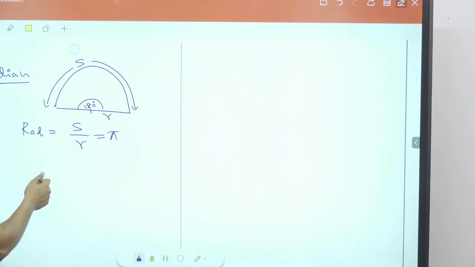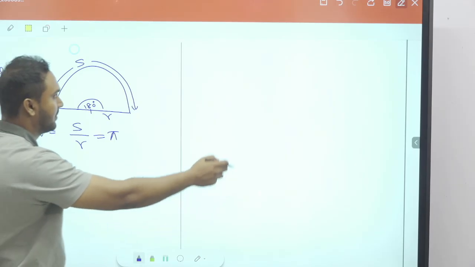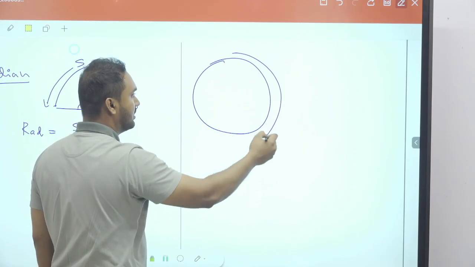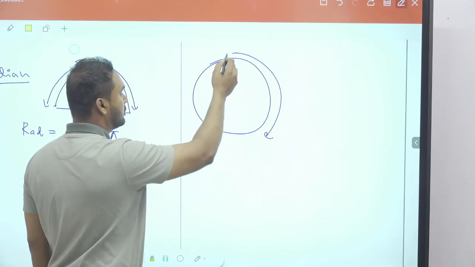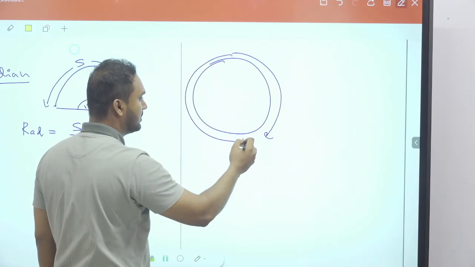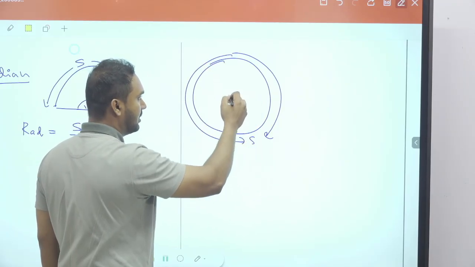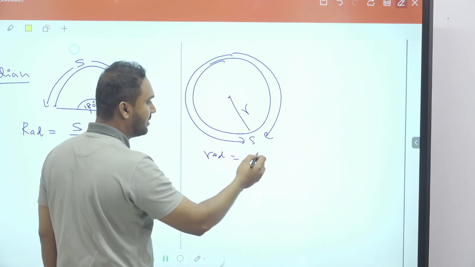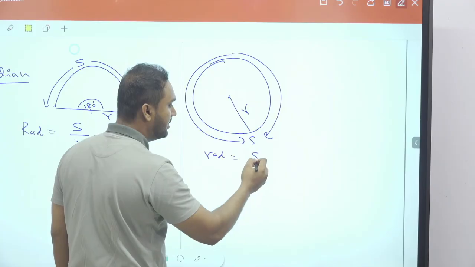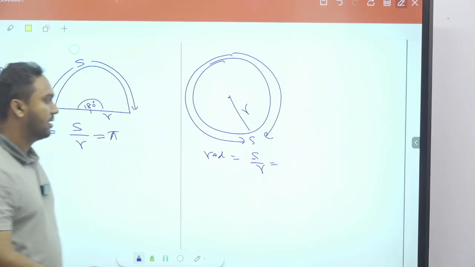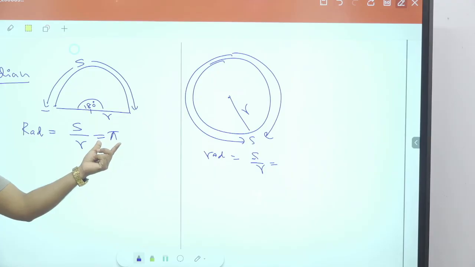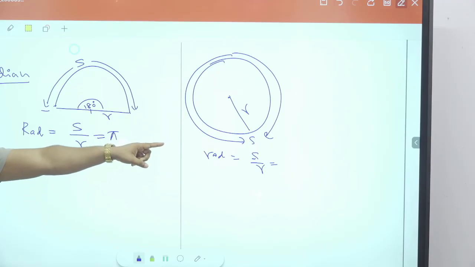When it comes to a complete circle, the S over R ratio will be what? For a semicircle, the S over R ratio is pi. For a complete circle, it should be twice that, right?